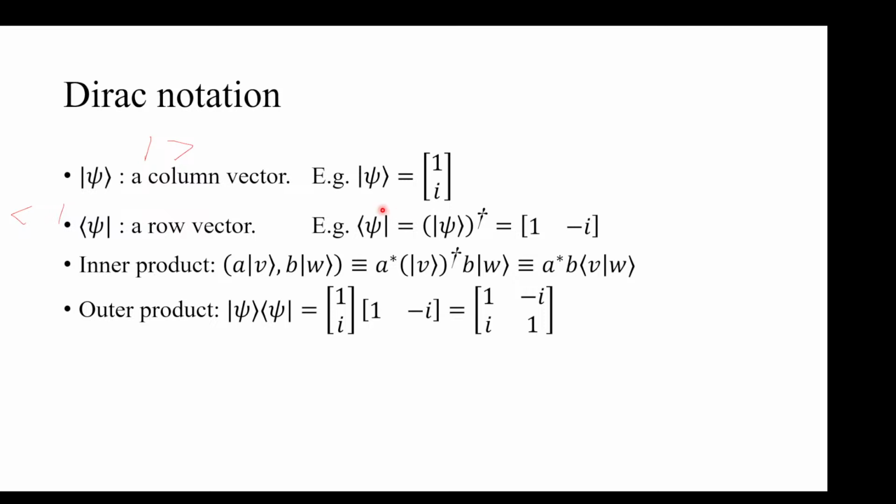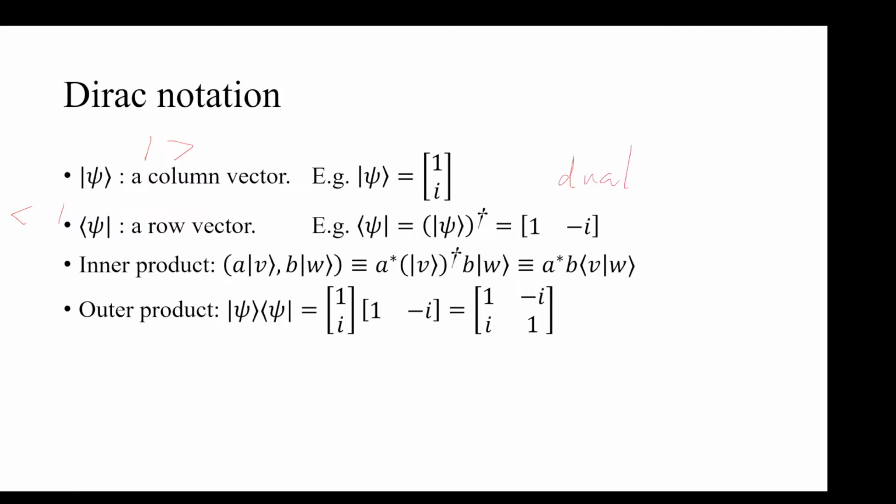And here we introduce more notation. We can have a column vector and its associated row vector, which is its dual. We have the same symbol inside, and we mean those 2 vectors are dual to each other. And this dual is formalized by this dagger notation, the complex conjugate.